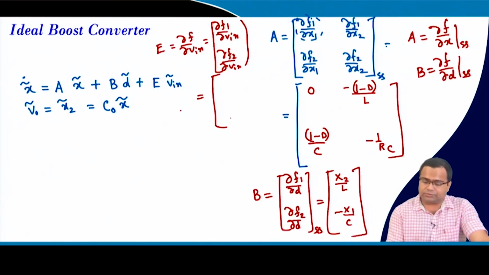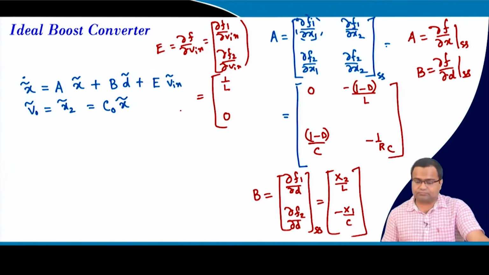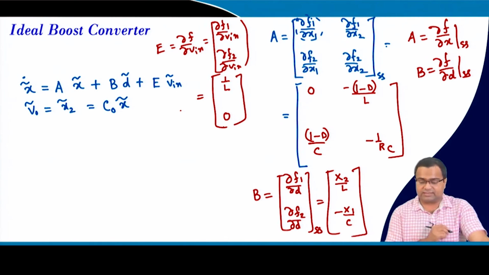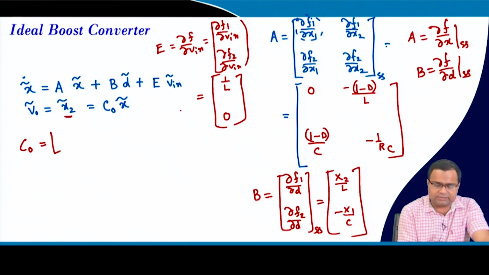So, this will be straight 0, and this is straight 1 by L, right. So, you got the E matrix. What is the C0 matrix? It is very simple, because here it is 0 1, that is it.